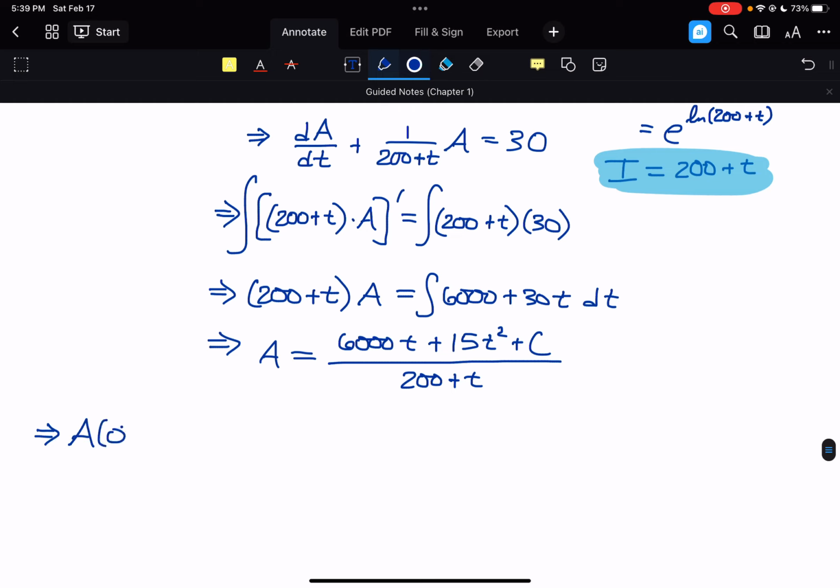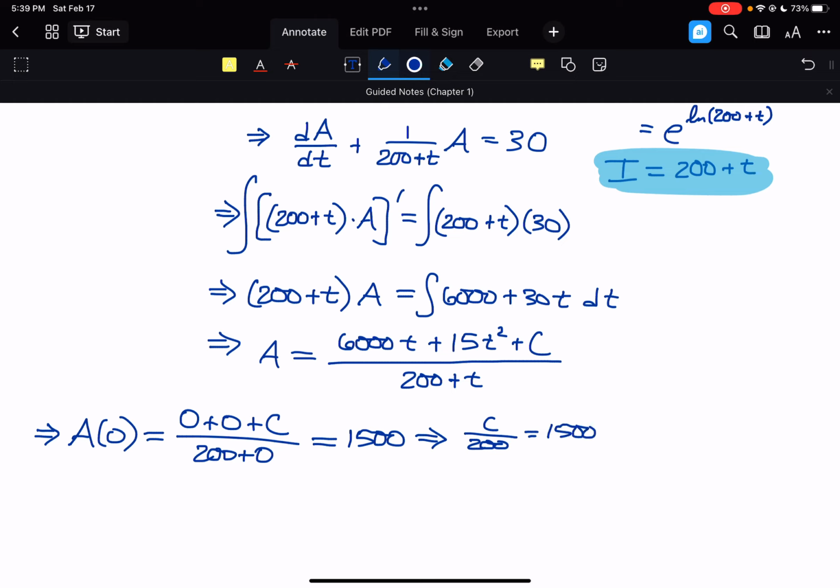That's A of 0, which is 0 + C over 200 + 0 equals 1,500, how much was initially in there. So C over 200 equals 1,500.